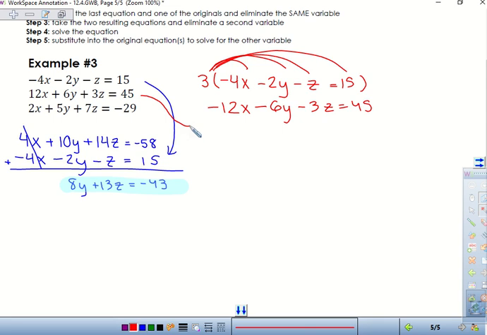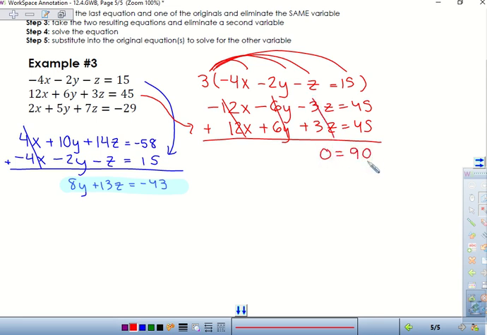And then I can line it up with the middle one. Cancels, cancels, cancels. 0 equals what? 90. Is that true or false? False. False, which means no solution.